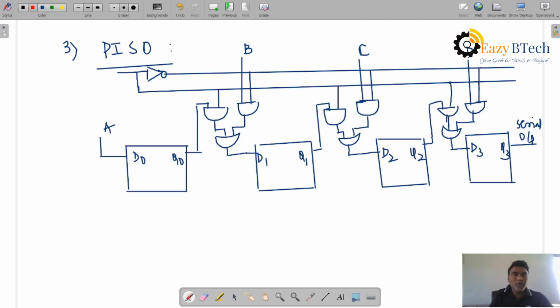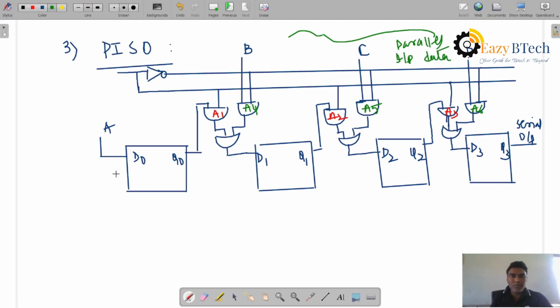And these AND gates, let us take this A1, A2, A3, and this is A4, A5, and A6. This is parallel input data.